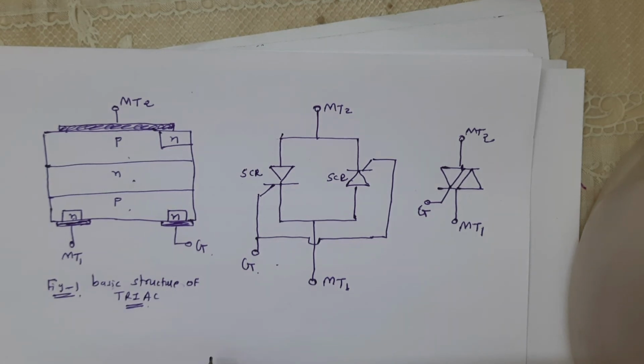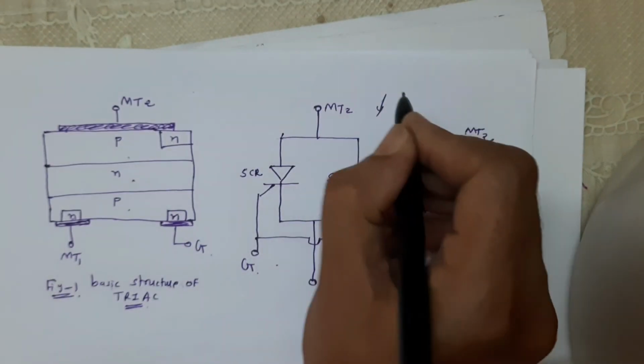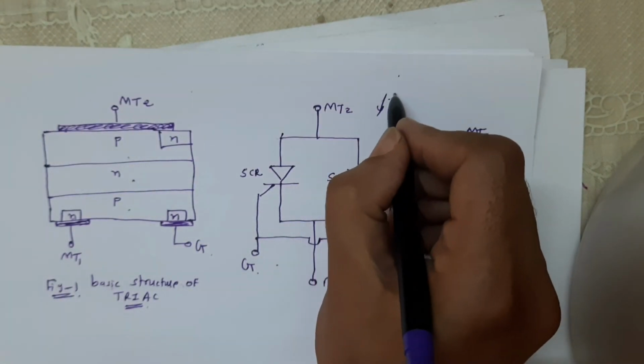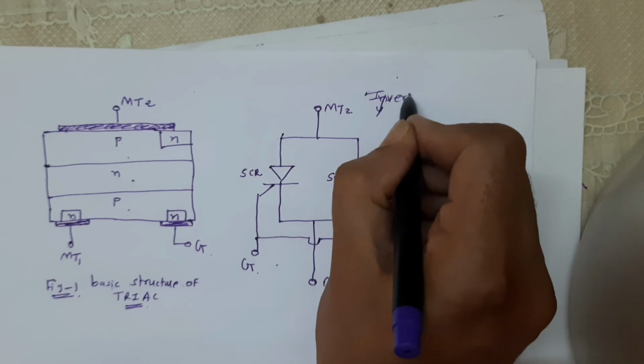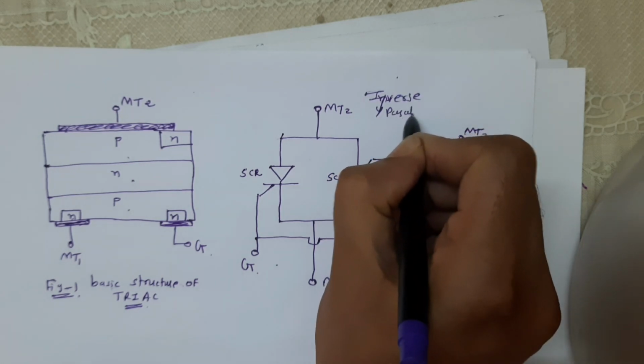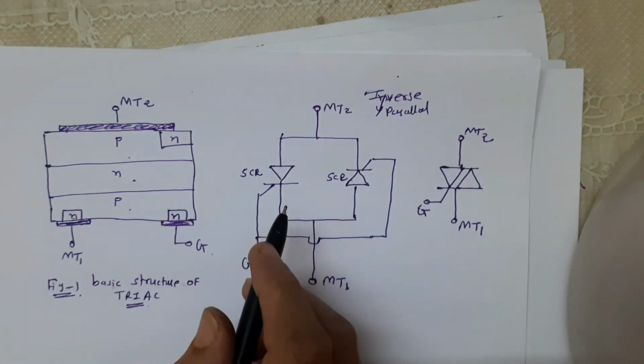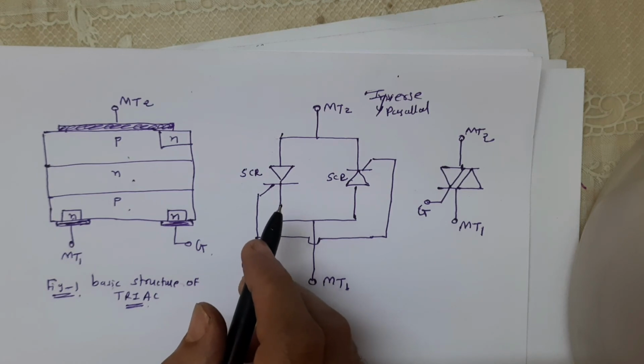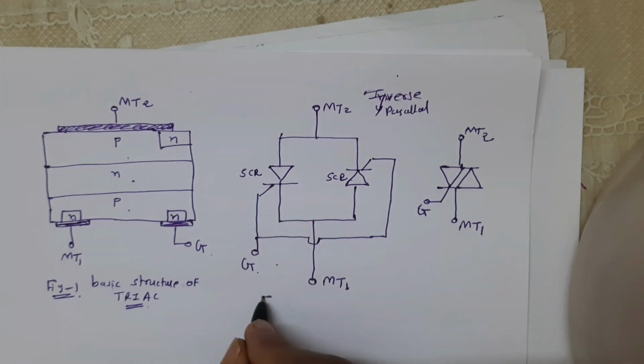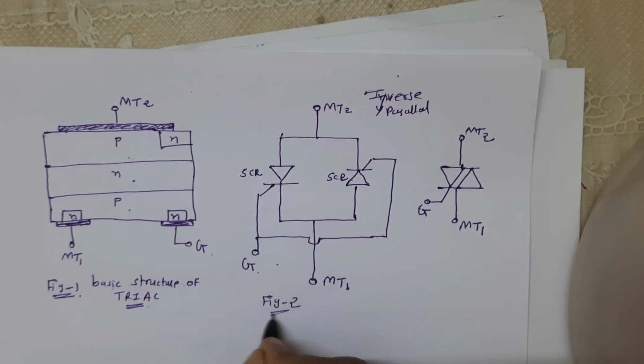As we shall see, a triac is equivalent to two separate SCRs connected in inverse parallel. That is, the anode of each is connected to the cathode of the other with a common gate, as shown in figure 2.